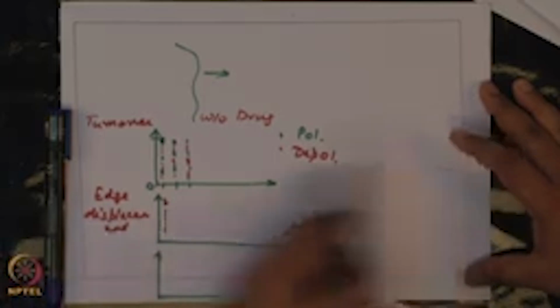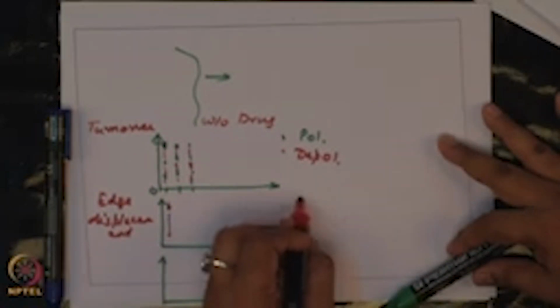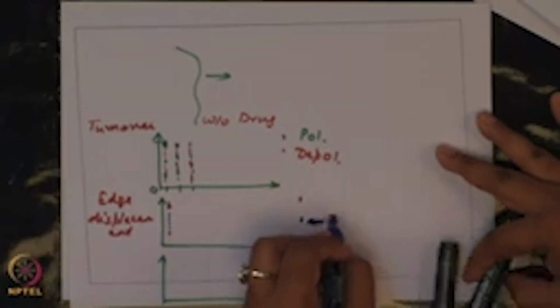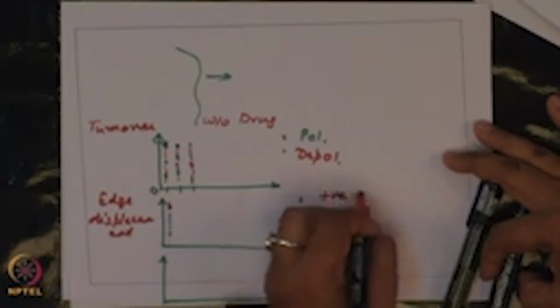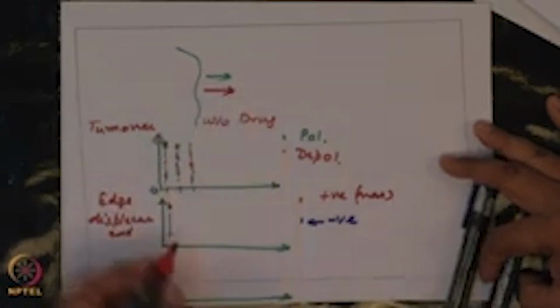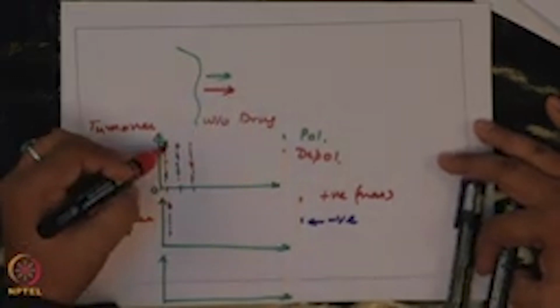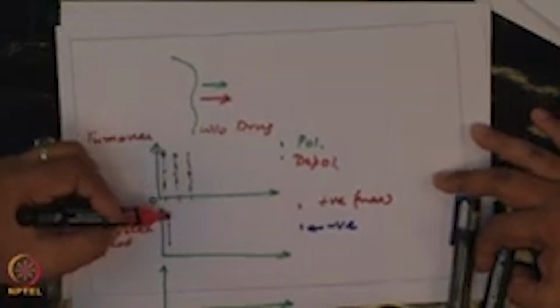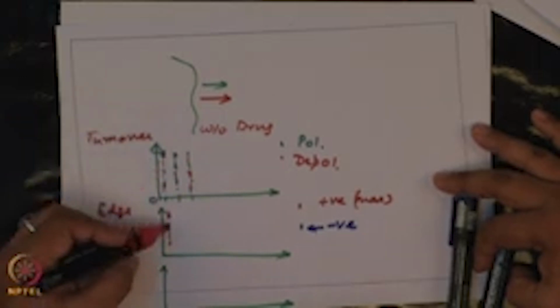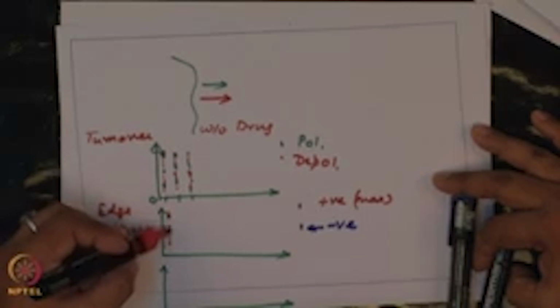In this color scheme, blue is negative, red is positive and maximum. Positive means the cell is migrating outward. So, where polymerization has happened, the edge has moved outward. That is my positive direction. Where depolymerization has happened, the edge has locally moved backward.